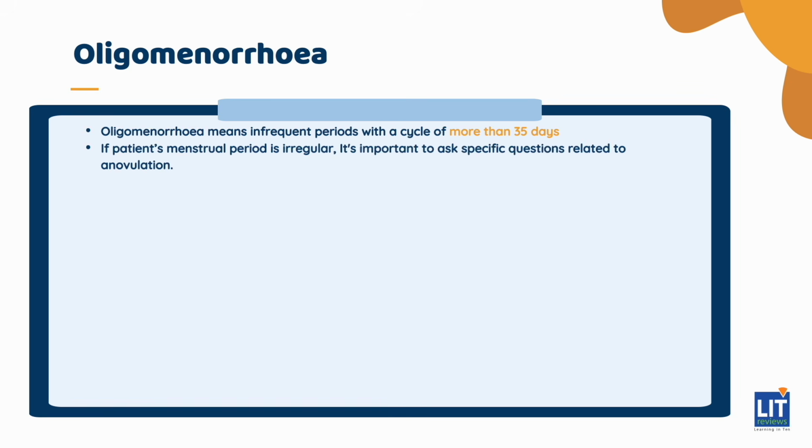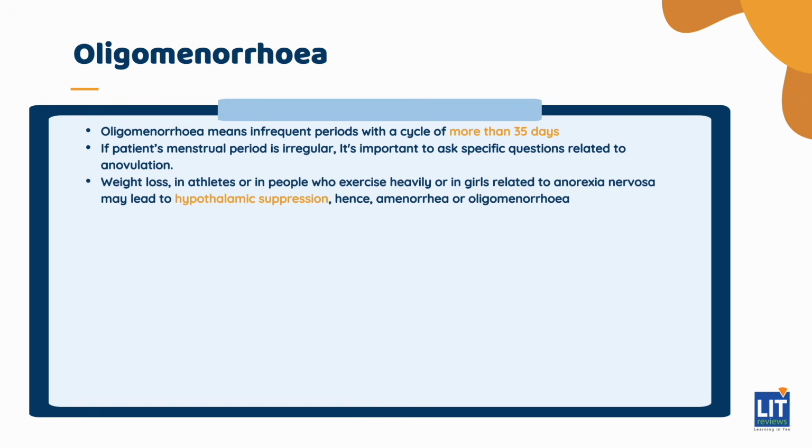If the patient's menstrual period is irregular, it's important to ask specific questions related to anovulation. The first question would be about any recent weight change. Excessive weight loss or weight gain is important. Weight loss in athletes or in people who exercise heavily and in girls related to anorexia nervosa may lead to hypothalamic suppression and hence amenorrhea or oligomenorrhea.